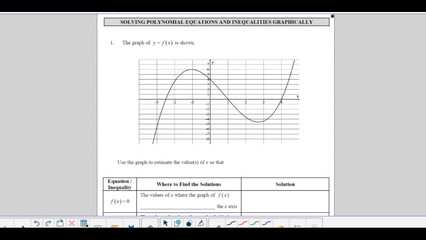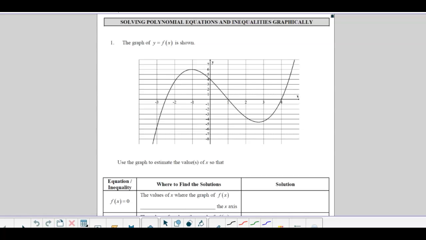We're solving polynomial equations and inequalities graphically. When we're solving an equation, there's actually no y in the equation, unless it's all in terms of y. So this is different from solving linear and quadratic inequalities from last week, where we had y less than or equal to something in terms of x, that we shaded.